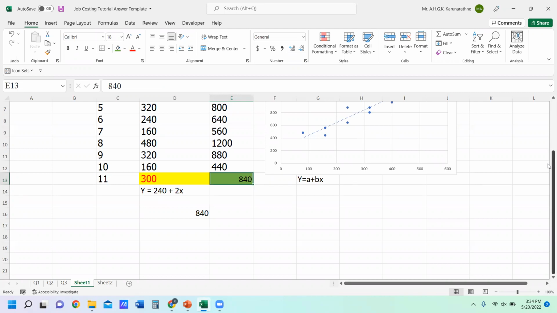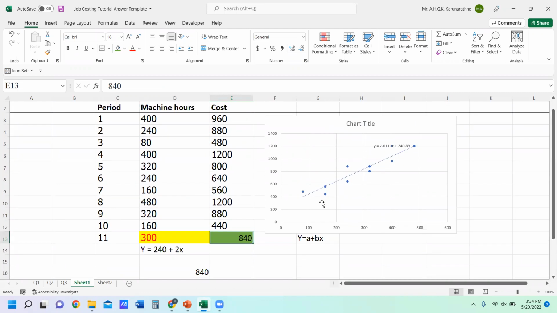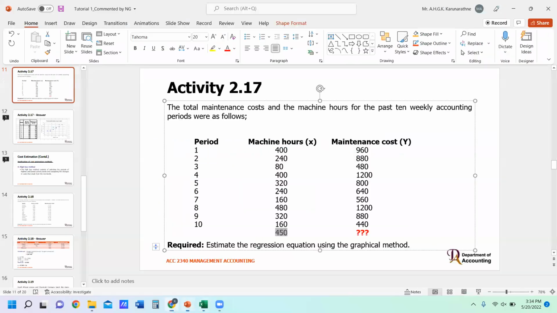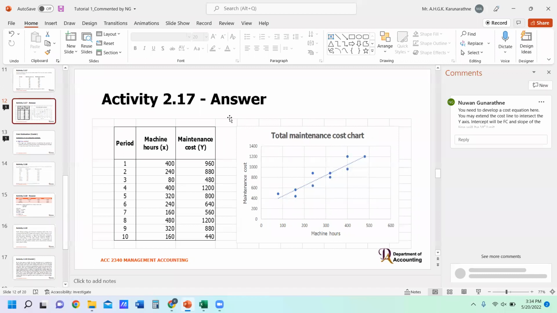So that is about activity number 2.17. Right. Then our next activities, these are suggested answers, right? These are suggested answers. And you can see the same result we got.